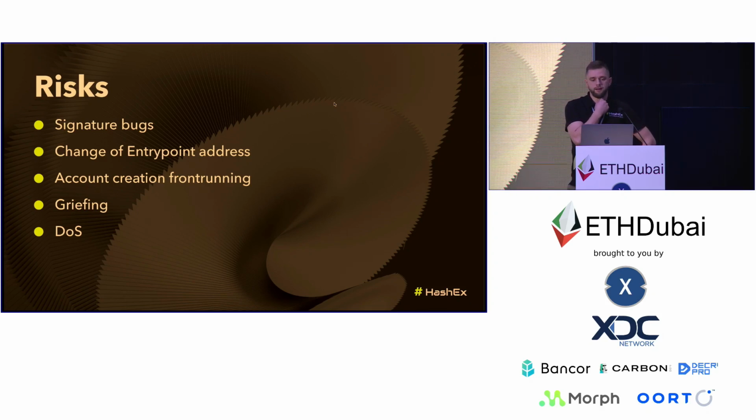The only entity that is trusted in this standard is the entry point contract, and some wallets may want to have a function to change it. And this may be the source of another vulnerability when the entry point contract in the wallet is changed to some malicious one. This is the case that was with Unipass wallet, where funds could be withdrawn from many wallets.